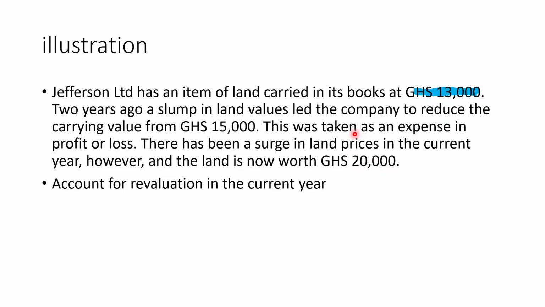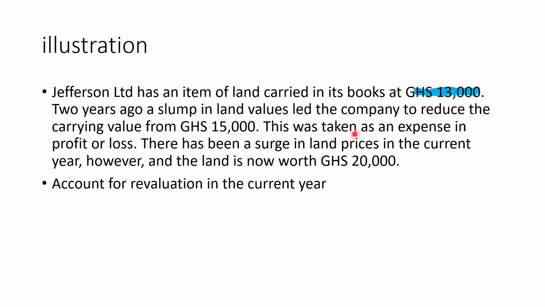So when you previously revalued the same asset and got a loss, and now you are revaluing and getting a surplus, then you have to go back and reverse that previous loss. If there is no previous revaluation loss to reverse, then you take the entire 7,000 to other comprehensive income.